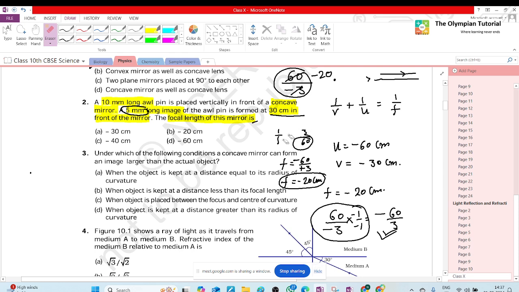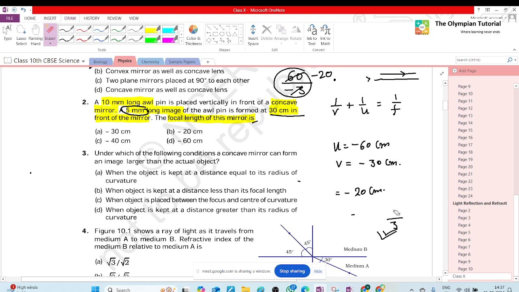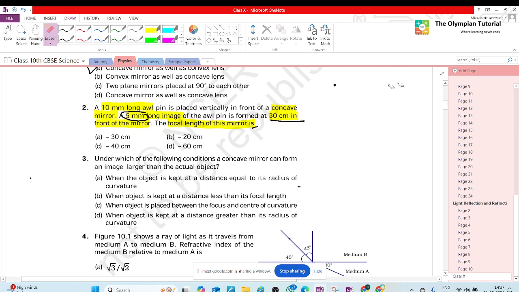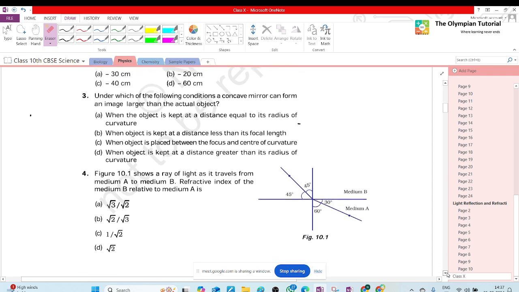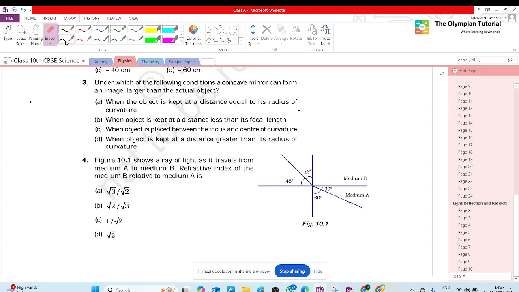Now read question number 3. Under which of the following conditions can a concave mirror form an image larger than the actual object? When the object is kept at a distance less than its focal length.